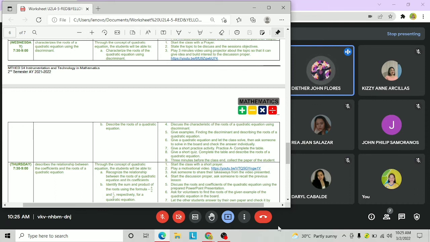Play a 3-minute video using projector, then discuss the characteristic of the quadratic equation using discriminant, then give examples and give some quadratic equations and let the class solve and ask someone to solve in the board and check the answer individually. Then give a short practice activity.